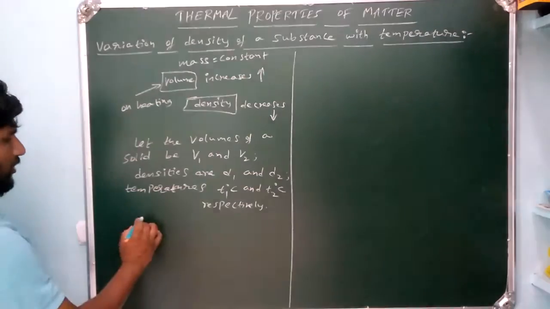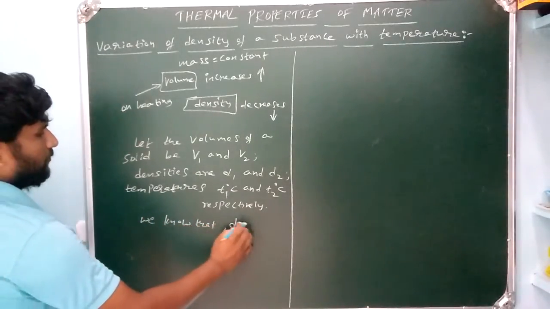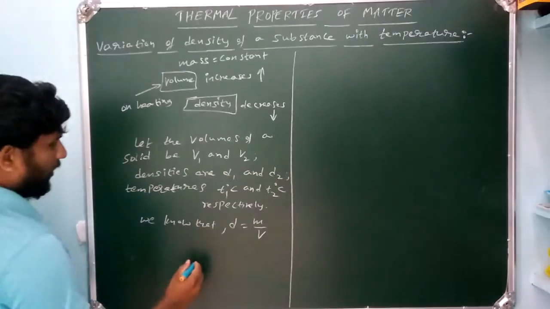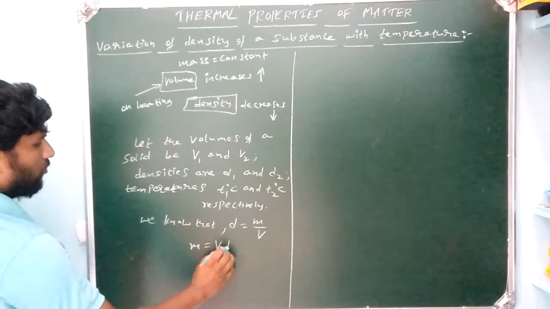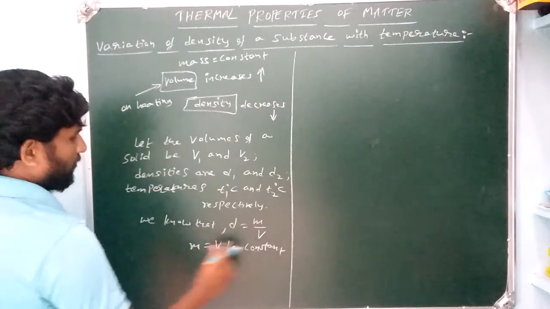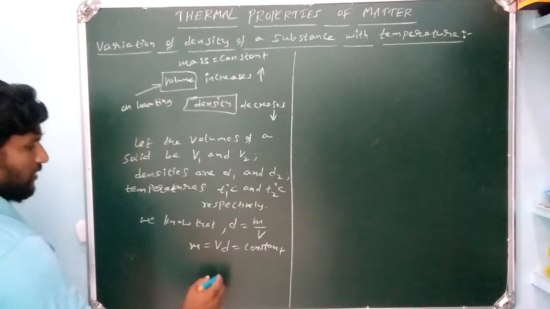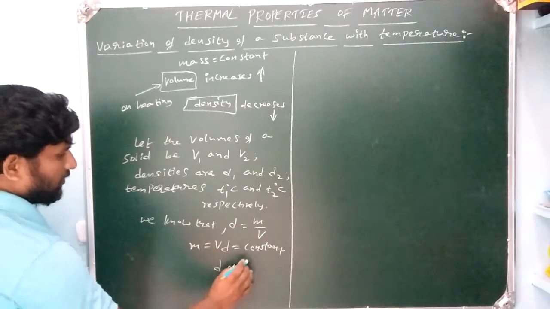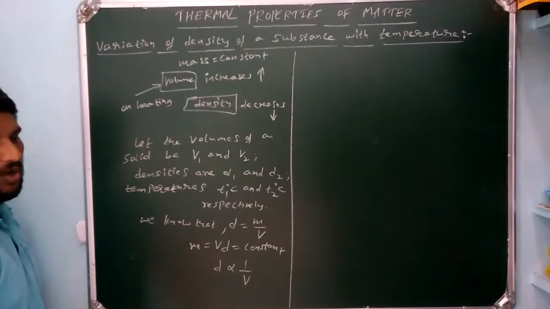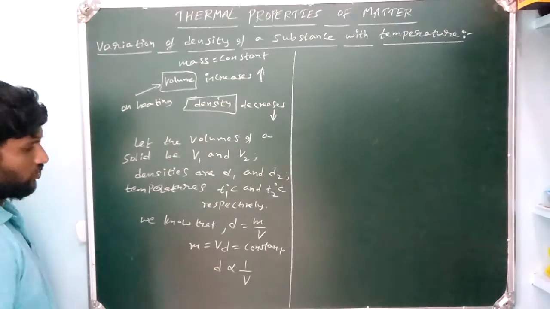We know that density equals mass by volume, and mass equals volume into density, which is constant. The mass is constant, therefore V into D is also constant. Here the density is inversely proportional to the volume of the solid.